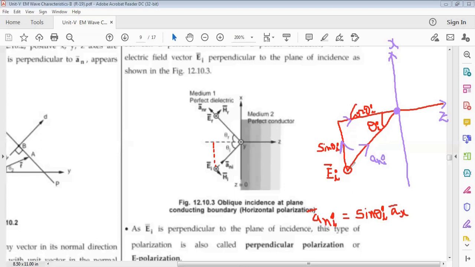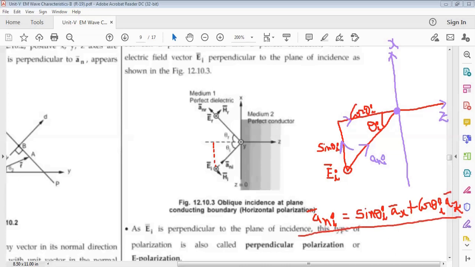ANI bar is equal to sine theta I into AX bar, because it is in the X direction, plus cos theta I into AZ bar, in the Z direction. Got it, my dear students?